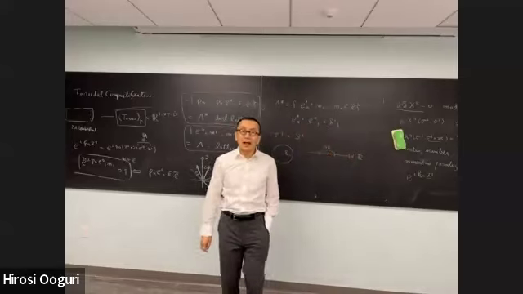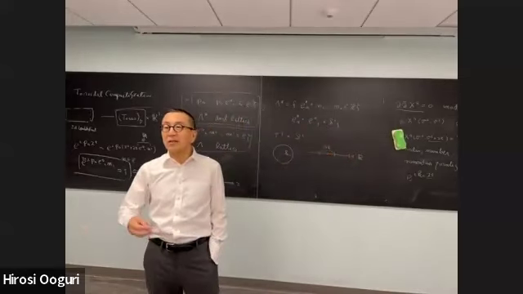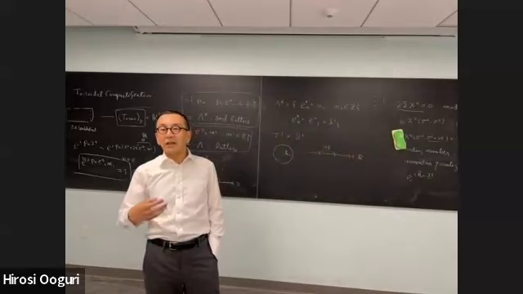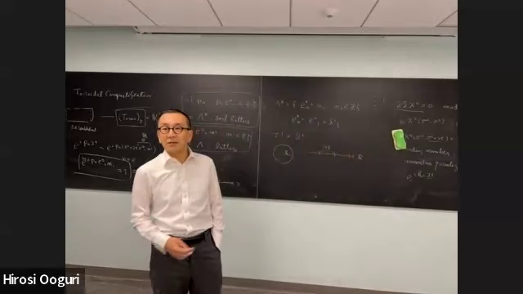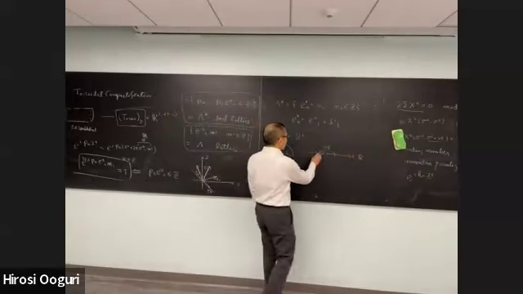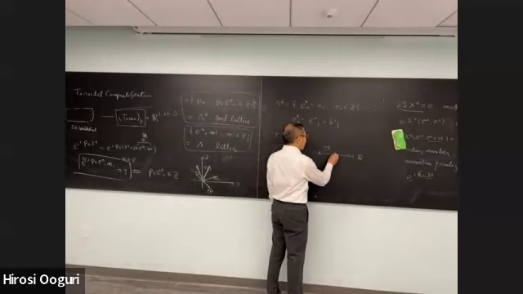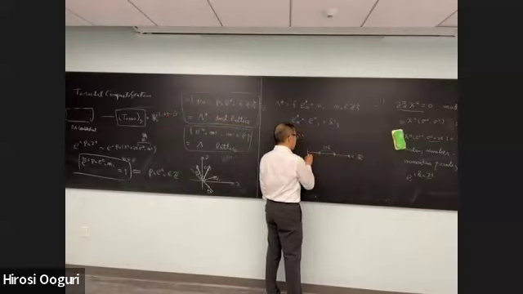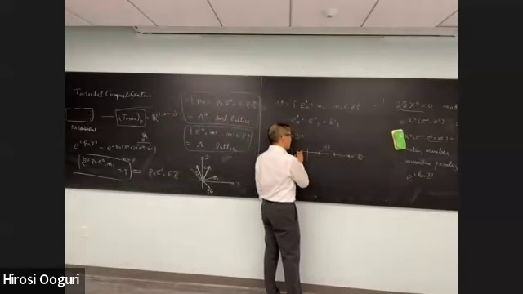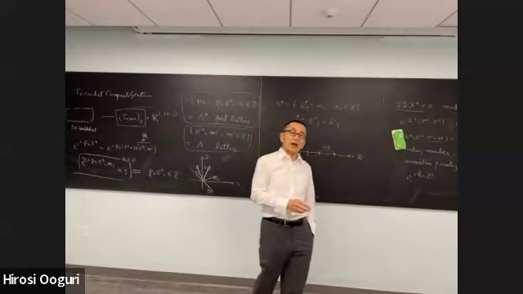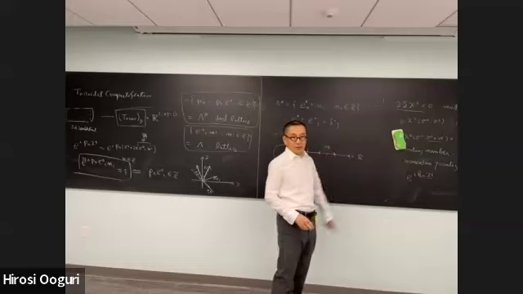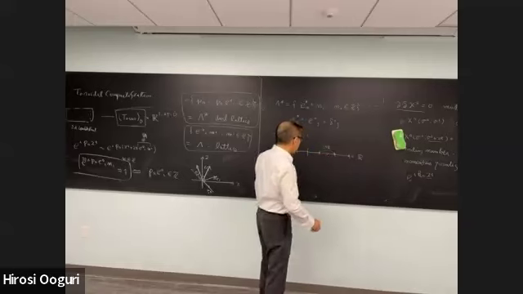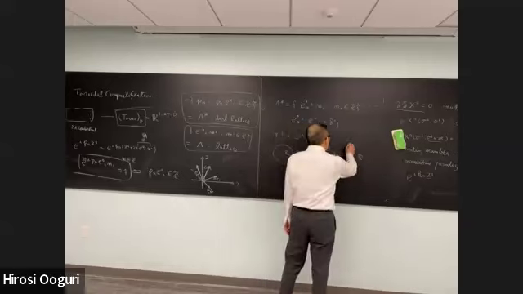This translation by 2 pi r can also be regarded as a lattice translation. So this is a very simplified version of the lattice, where you periodically identify points of the real line by translation by 2 pi r. These are lattice points in one dimension. So this is a lattice.